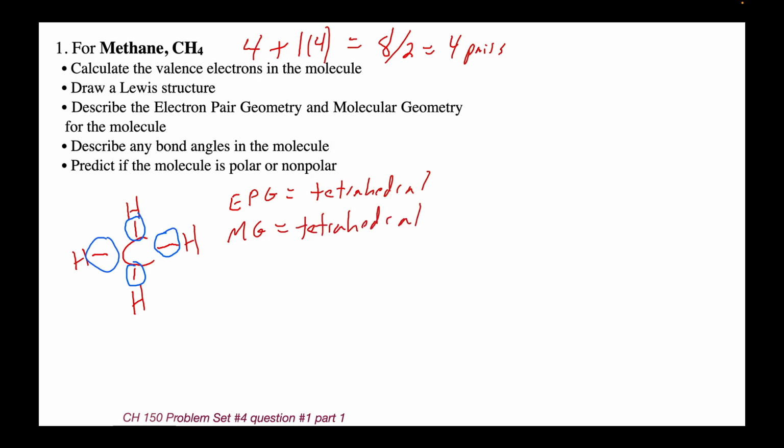If you were to draw this out, the angles, which is the next part, each of those HCH angles would be about 109 degrees. Now, in a Lewis structure, you don't have any information on the geometry. So you can see, if you're a geometry person, I've written HCH angles at 180, i.e. if they're directly across, or HCH angles at 90 degrees if they're to the right or the left.